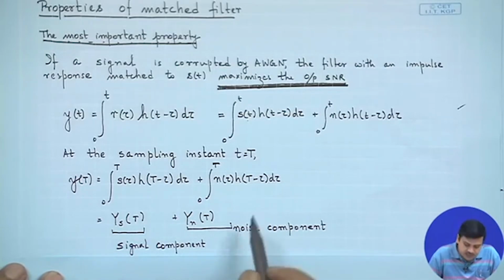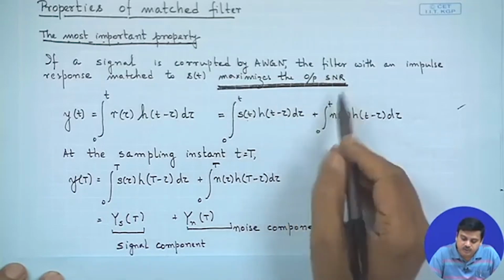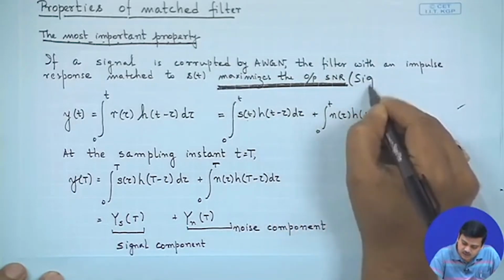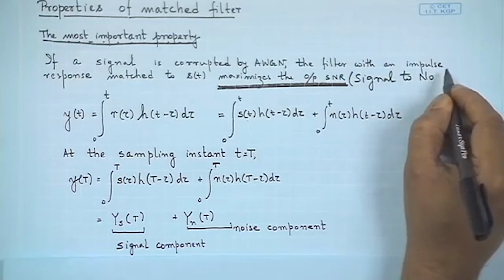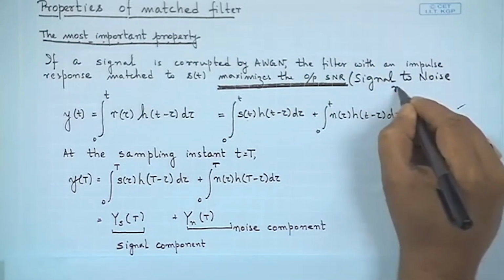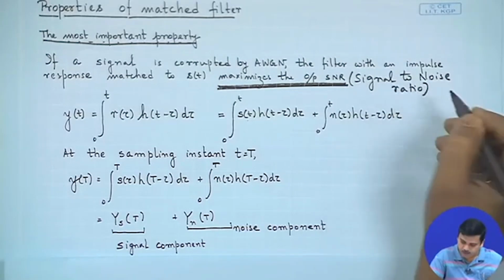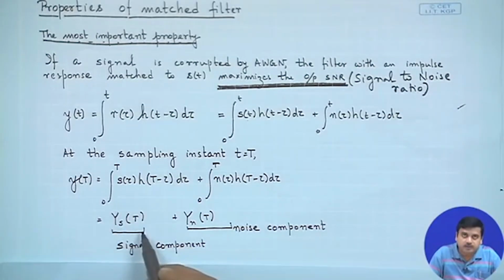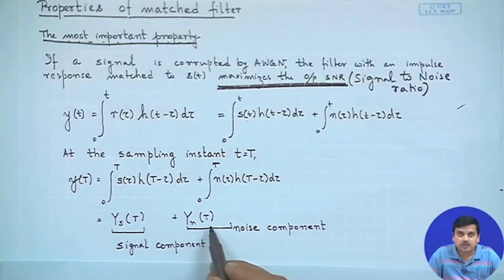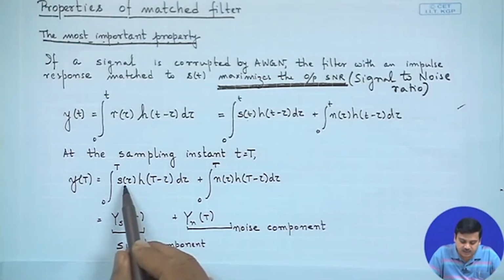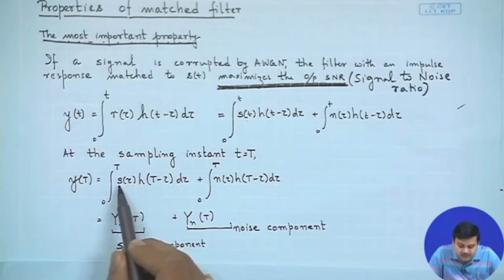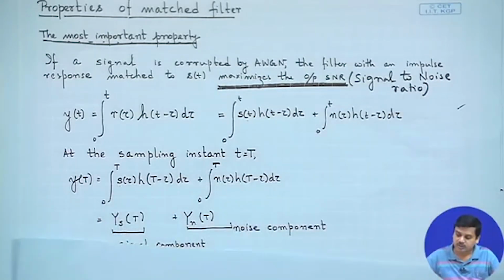So, we have a signal component and a noise component. When we discuss the signal to noise ratio, SNR, we need to operate on the signal component and the noise component. We will find the energy of the signal and that of the noise, or the ratio of signal power to noise power, to calculate the signal to noise ratio, and we will see what selection of h given s maximizes the signal to noise ratio.